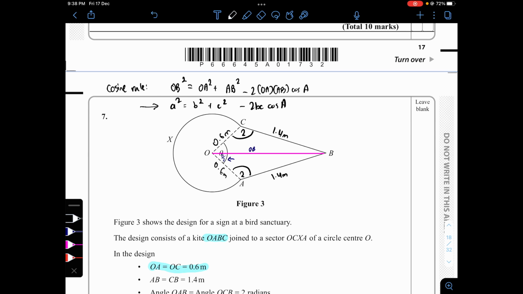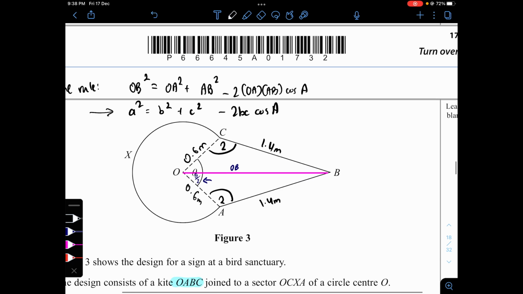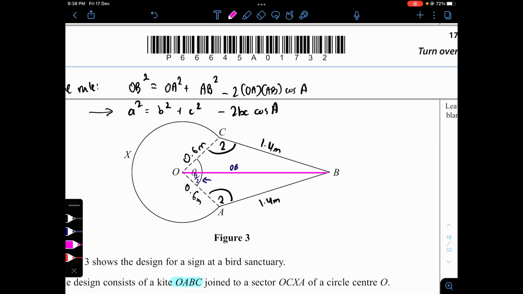Now we can go straight ahead and substitute in the values that we know. OB equals the square root of OA squared, where OA is 0.6, so 0.6 squared plus 1.4 squared minus 2 times 0.6 times 1.4 cos of 2 radians, and we square root that.